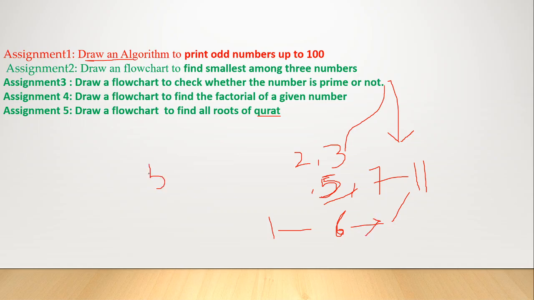Suppose we enter the number 5 and we check from 2 to 4. Is 5 divisible by 2? No, the remainder is not 0. Is 5 divisible by 3? No. Is 5 divisible by 4? No. So 5 is divisible only by 5 and 1, so it is a prime number. In this way you can draw a flowchart to check whether a number is prime or not.